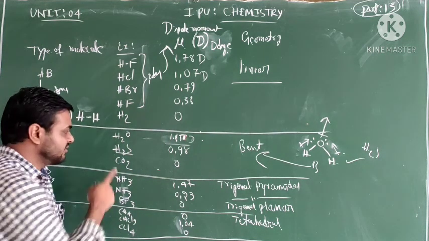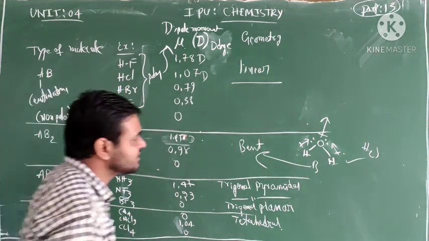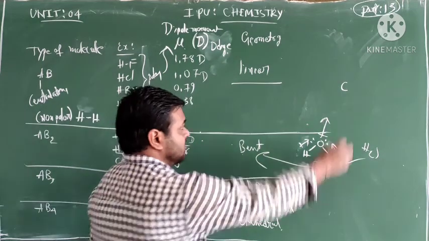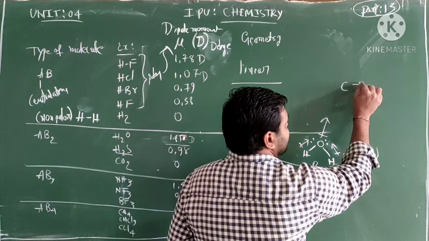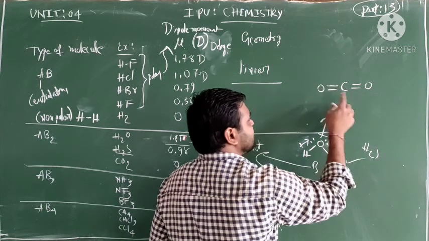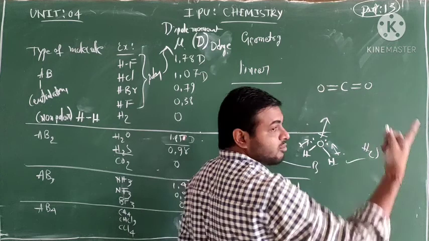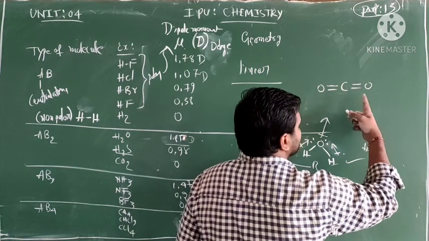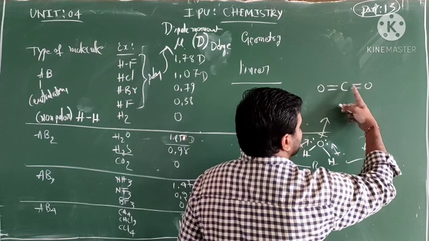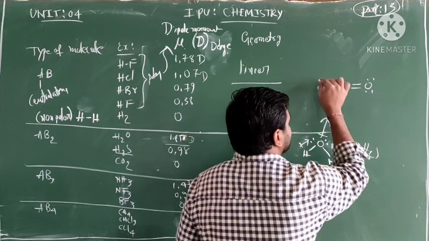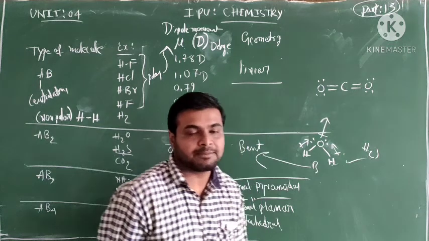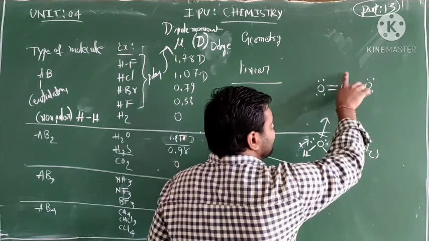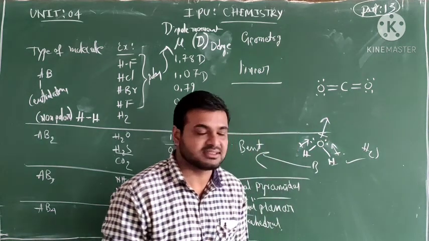But here see carbon dioxide. Carbon is the central atom with 4 bond capacity, and each oxygen has 2 bond capacity. We only consider whether the central atom has lone pairs of electrons.